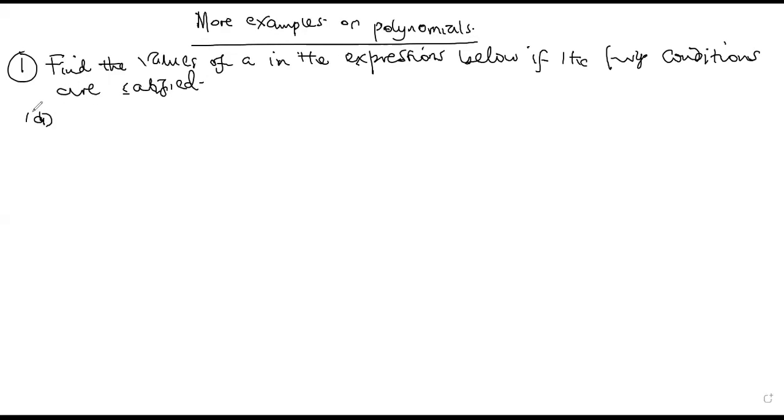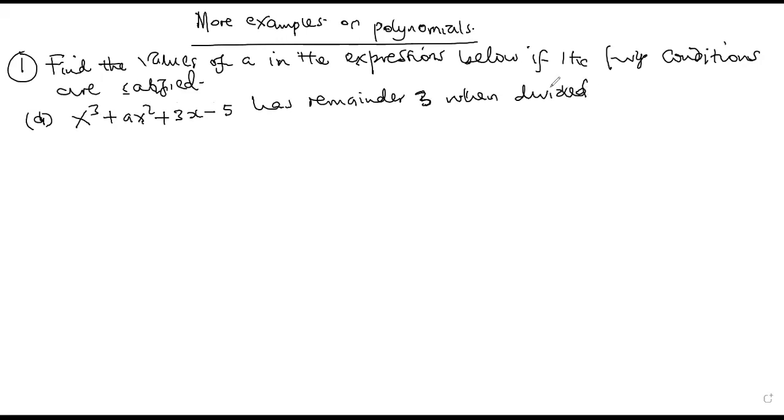Part A, we have x cubed plus x squared plus 3x minus 5. It has remainder 3 when divided by x minus 2.